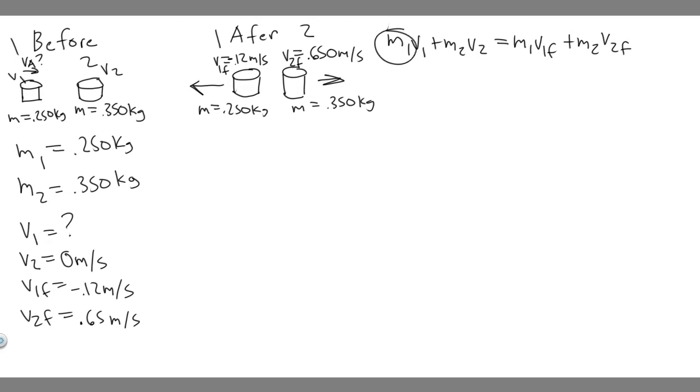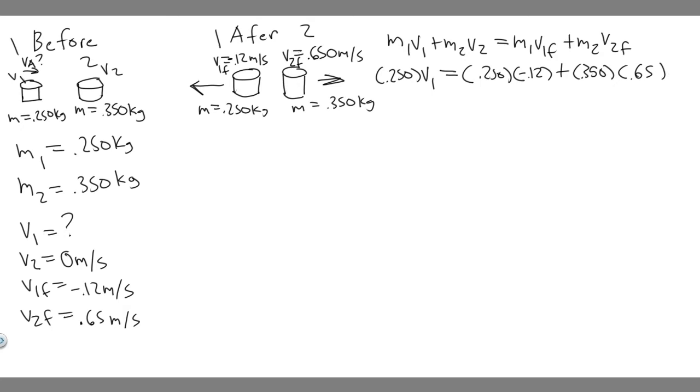So m1 is 0.250 multiplied by v1, which we're solving for, plus m2, which is 0.350, times v2. But notice v2 is 0, and anything times 0 is 0, so we can ignore this one. We set it equal to m1, 0.250 again, times v1 final, which is minus 0.12, plus m2, which is 0.350, multiplied by v2 final, which is 0.65.